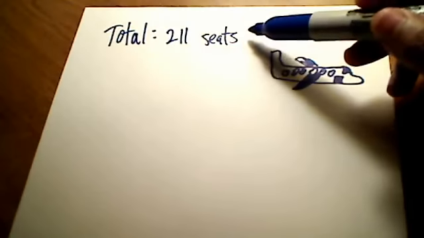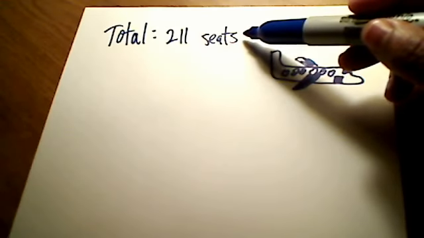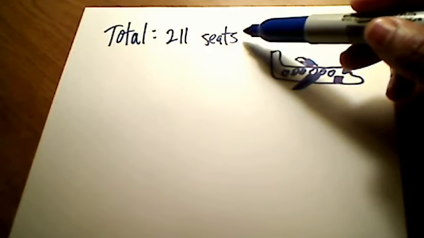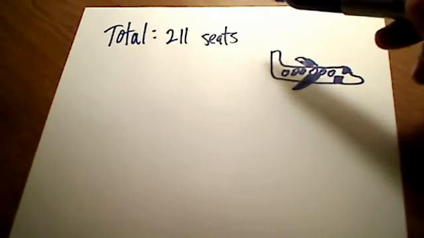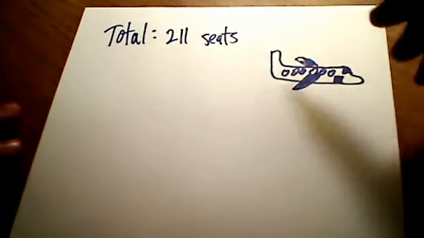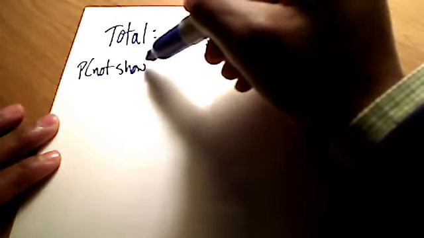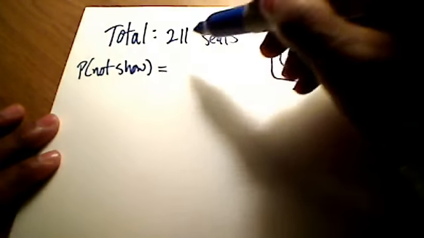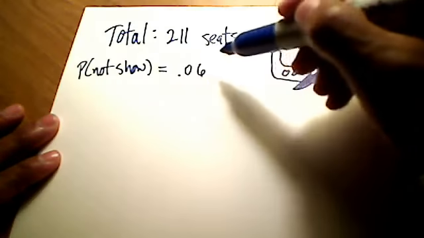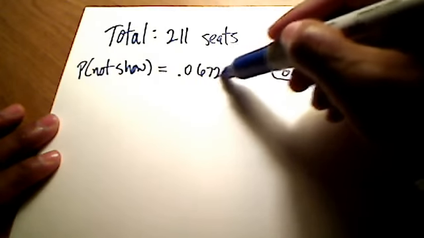We're told that we can hold 211 passengers, 211 seats, and we're also told that when someone buys a ticket for this flight, the airline happens to know that the probability that someone will not show for this particular flight is 0.0672.